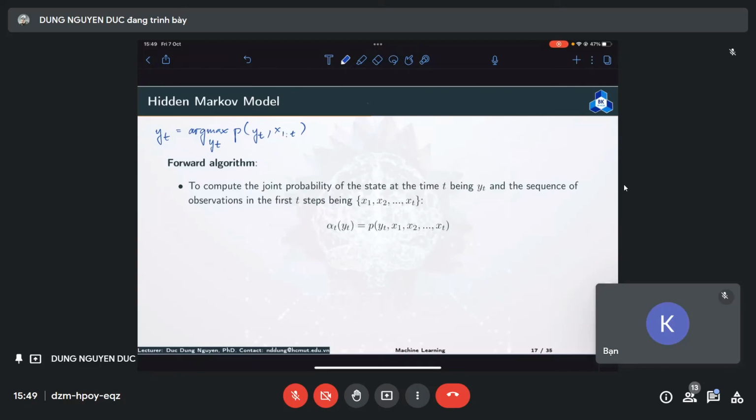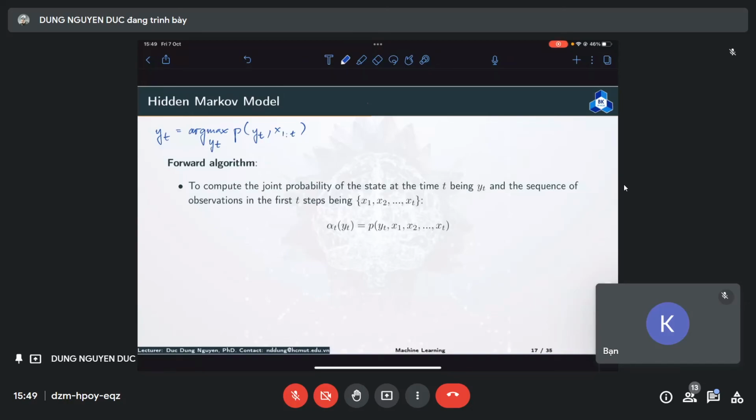This is a greedy algorithm, because if you specify yt right now at time t, then the sequence of prediction y1 to yt maybe is not the optimal sequence. So this forward algorithm is called a greedy algorithm. By its basic nature, it is a greedy one.